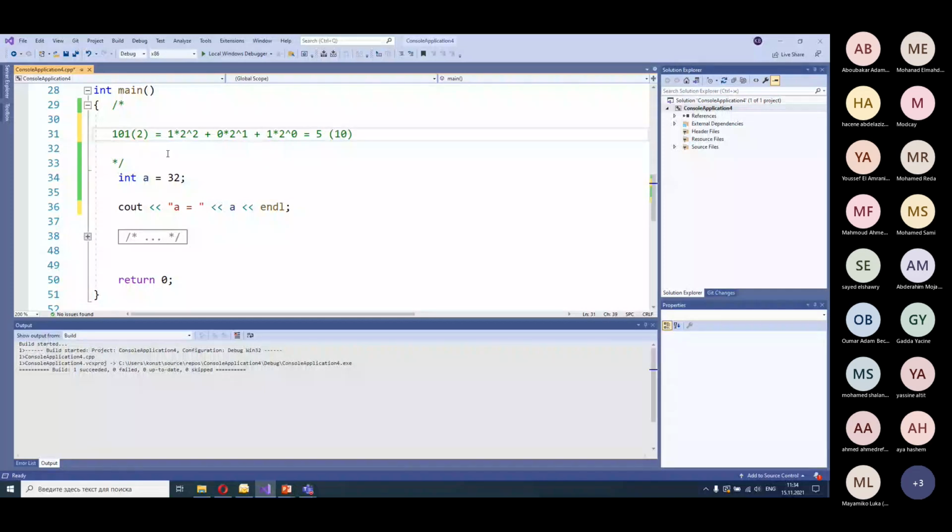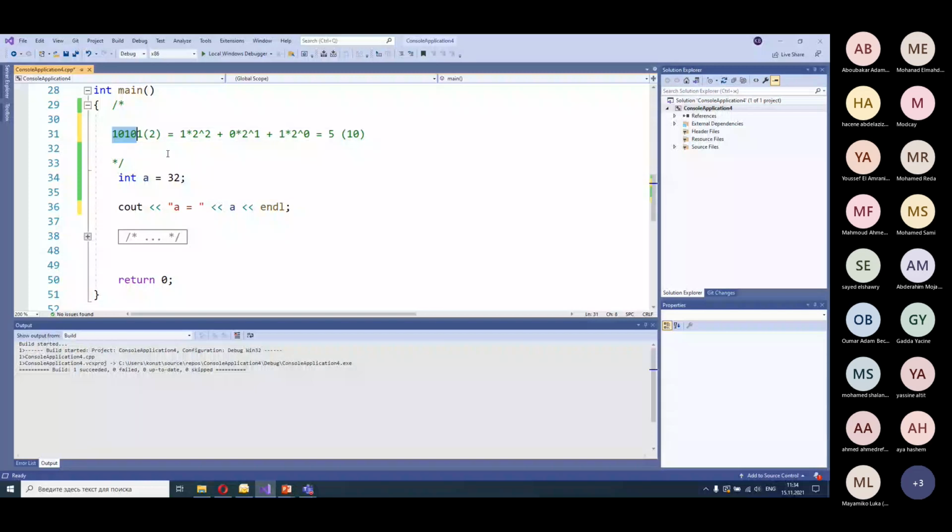For example, if you add here 1 more, 0, 1, so the number is written as 1, 0, 1, 0, 1. What should you write here?